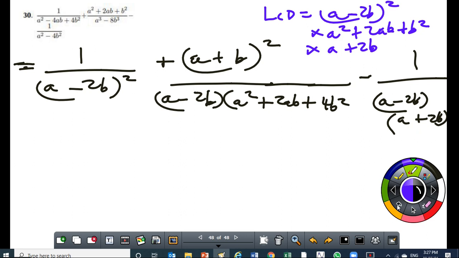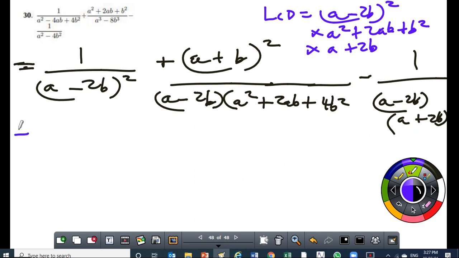So, let me simplify now. This one here, because we have a minus 2b in the LCD, means I have to multiply this numerator by the trinomial and the a plus 2b. Do you agree with me or not?